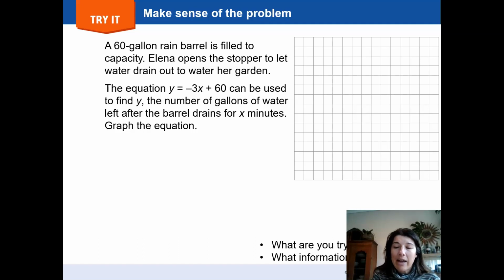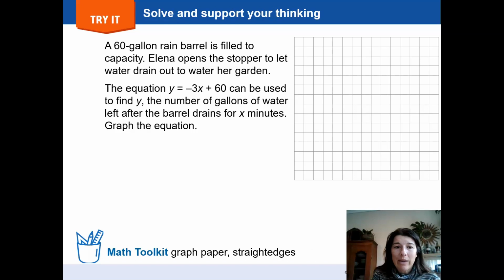What are we trying to find? What are we comparing? What are our two variables? I like to circle them. We're keeping track of gallons, the amount of water, over time, over minutes. And that relationship is given by this equation, y equals -3x plus 60.